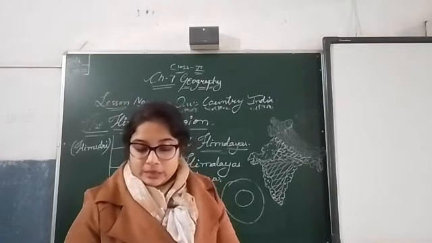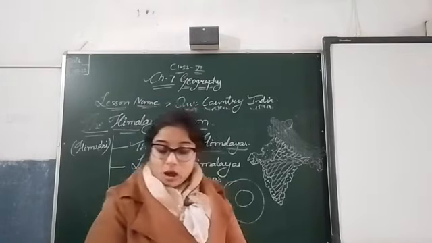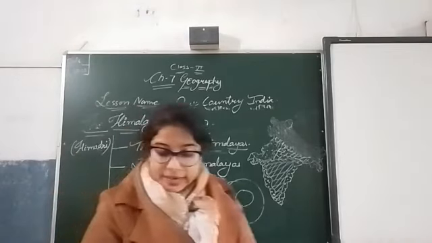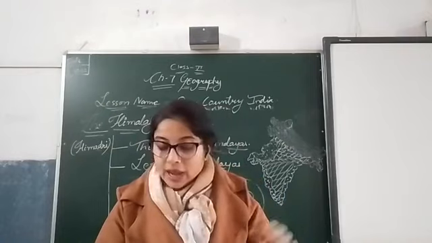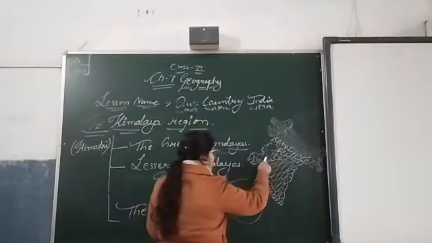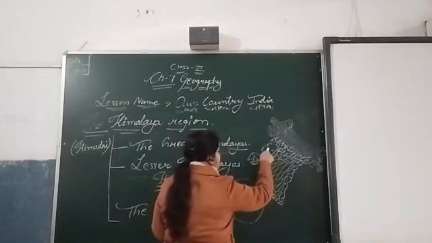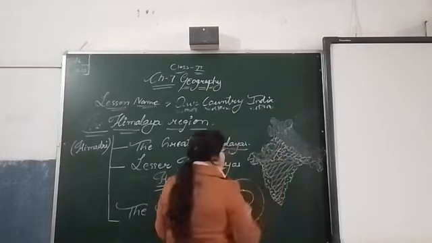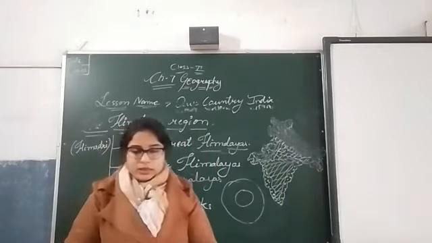Next, the Indian desert. Now we are going to know about the Indian desert. The Indian desert lies towards the west of the Aravalli Hills. Here is the Aravalli Hills, and it is on the western side. This area is known as the Indian desert.